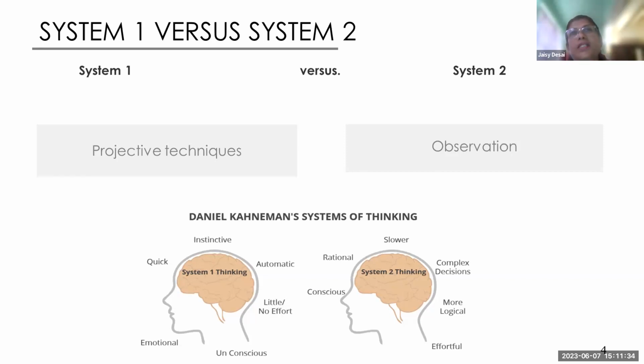Because projective techniques come from a system one response. It is instant, it is emotional, it is intuitive, because you're not questioning here. You're trying to get responses through another medium. It could be a picture, it could be a personification. So therefore, it's a system one response. Whereas when you're observing and interviewing a customer, the interview becomes very system two, where he's processing his own thoughts.